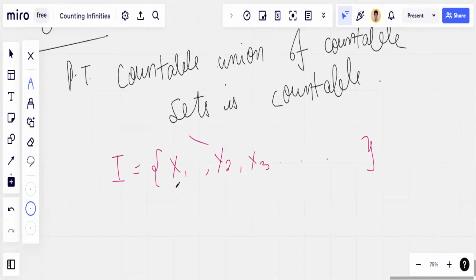So these are countably many sets. There can be infinite sets, but I'm saying that they're a countable number of sets, and each set is countable. So each set has countably many elements. They can be infinite, but again countable. So now prove that x1 union x2 union x3 and so on, this set is countable. So is the question clear to everyone?